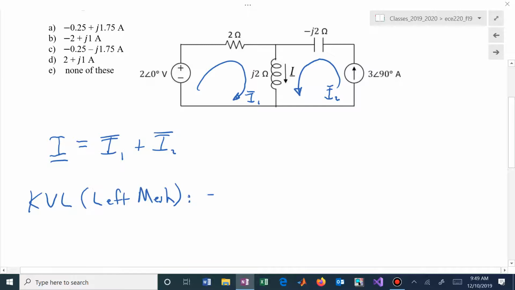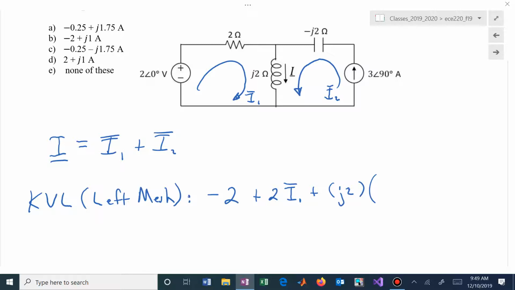I now have minus 2 at an angle of 0. I'm not even going to carry that through in polar, because it's in rectangular since it has 0 angle, plus 2 times I1 plus j2 times, here's where I have to pay attention to how I've labeled my currents.